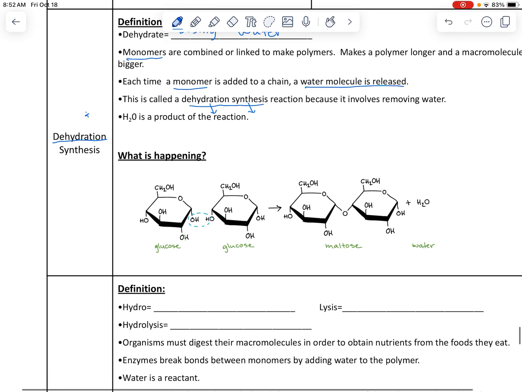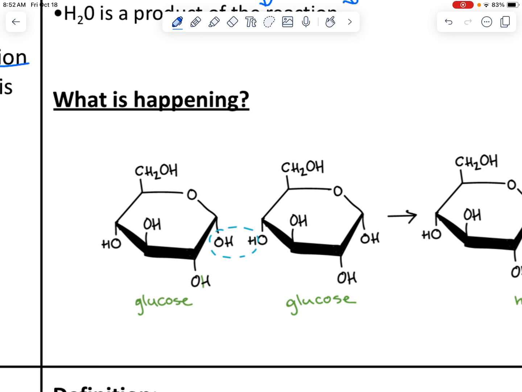So here's our disaccharide that we just talked about above, okay? This is glucose. You can take my word for it. This is an organic picture. There's a carbon there, there's a carbon there, there's a carbon there, there's a carbon there, there's a carbon there.